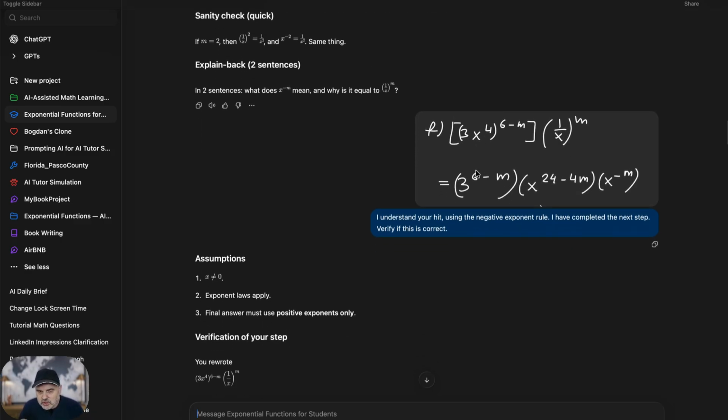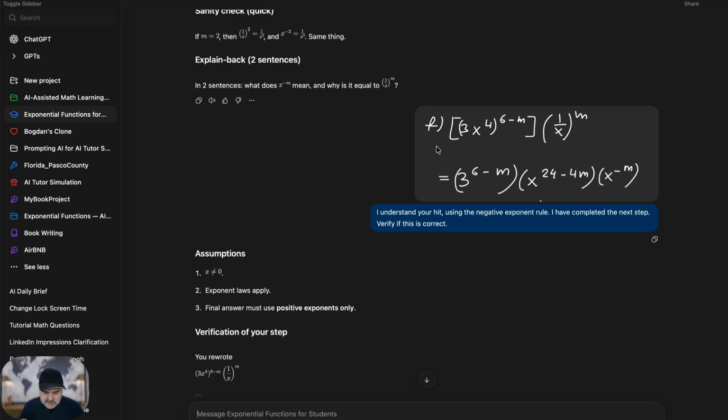request. I shared my work, because this is a beautiful case where you can actually see that you can work with your questions on your own terms, at your own speed, and then you share and you have a conversation back and forth. So I have included my work. I copied question 18F, and I used the first rule where I distribute exponent 6 minus m to the base x to the power of 4 and to the base 3 inside the bracket.